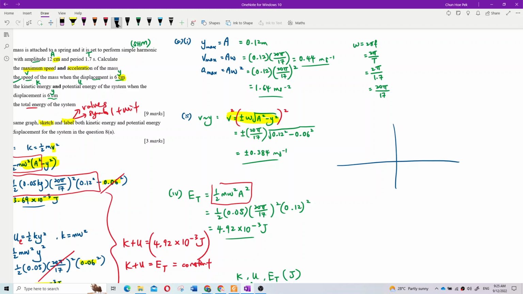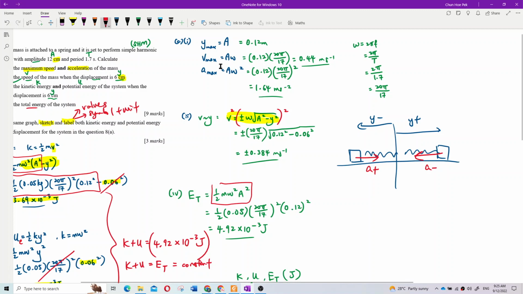If the block is over here, y is positive, over here, y is negative. So if at this position a is negative, at that position a is positive. Both are maximum.